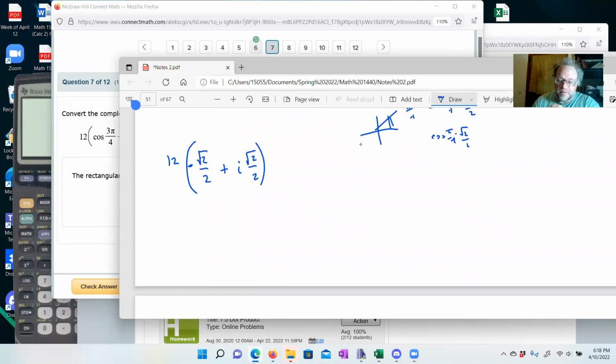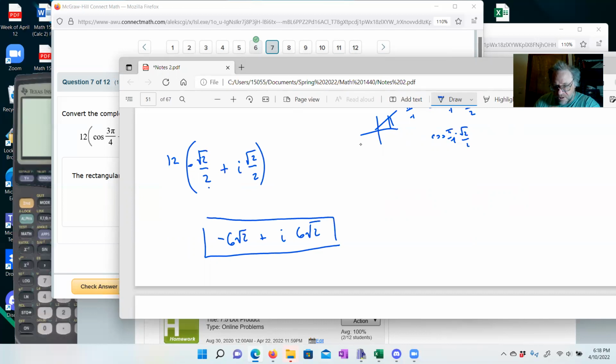Okay, and we just multiply this thing by 12, so we're just going to get negative 6 square root of 2, right? 12 over 2 is 6. Plus i, and then we come over here and we get positive 6 square root of 2. And that's going to be my answer for this number in rectangular coordinates.